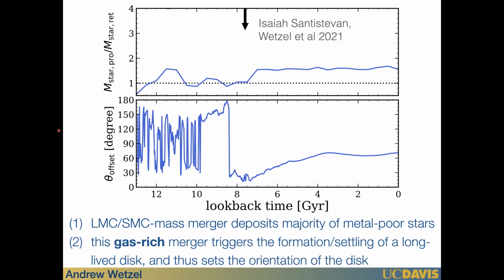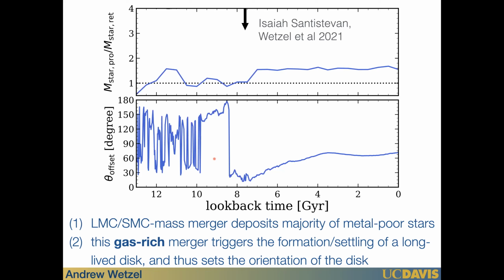And what we also find is that since these mergers are happening at high redshifts, they tend to be pretty gas rich. So these gas rich mergers also are really good at helping to seed the disk of these Milky Way simulations. So before this, there wasn't necessarily a well-defined disk, or it was wobbling around because of rapid accretion events.